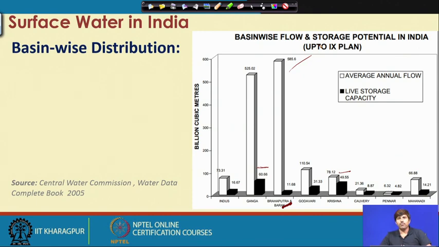This is fresh water, rainwater, glacier melt, all being transported, and if unutilized they eventually go to sea and turn into saline water.